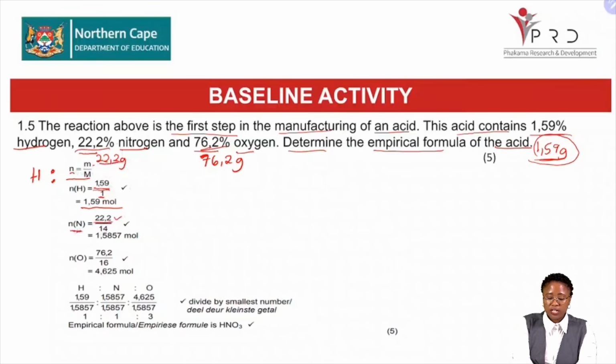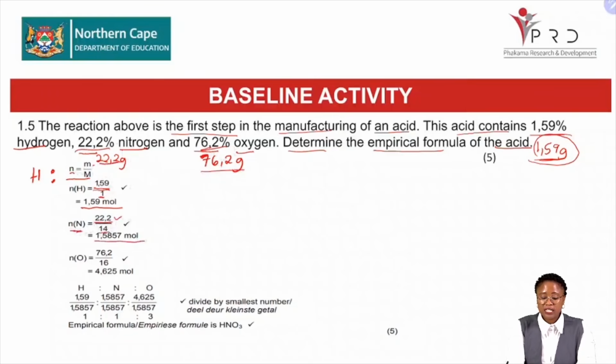Then you go straight to the periodic table and check the molar mass of nitrogen, which is 14. You punch it into the calculator, and you should get 1.5857 moles.